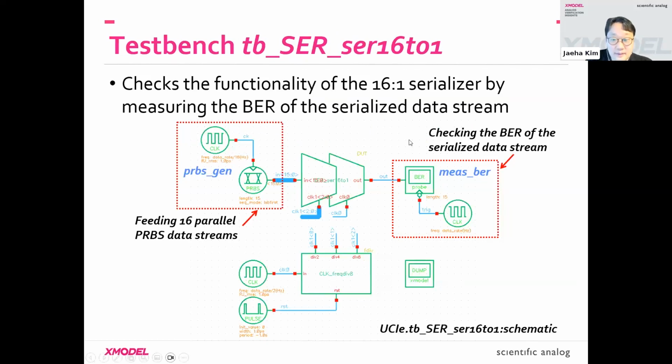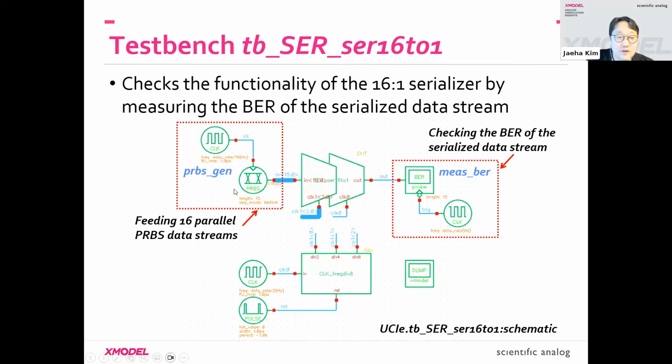Now, here's a simple test bench to see if the 16-to-1 serializer works properly, along with this frequency divider that I described. To compose a test bench, we need to feed in 16-bit wide input PRBS data. In the output, you have the serialized data, and you want to make sure that the 16 bits have been ordered properly to produce the final output.